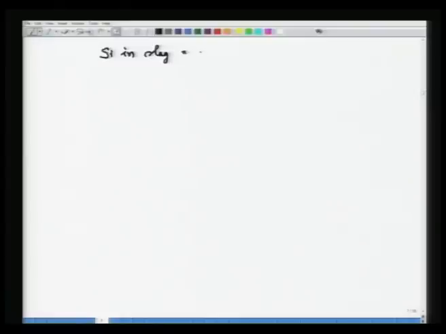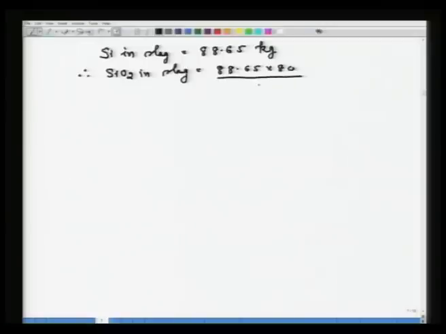If we perform this calculation, we get silicon in slag equal to 88.65 kg. Therefore, SiO2 in slag equals 88.65 into 80 upon 28. Do not forget to convert Si to SiO2, because slag consists of oxides, it does not contain any elemental form.